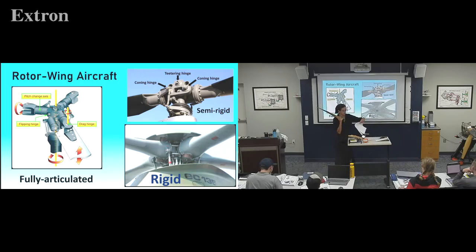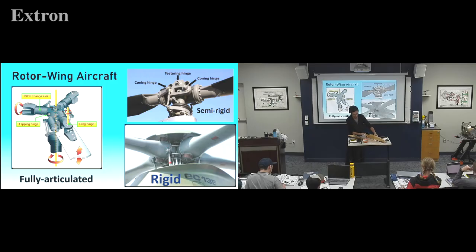When we talk about a semi-rigid system, these blades can change blade angle, but they can also do what is called flap. So they can go up and down like that.